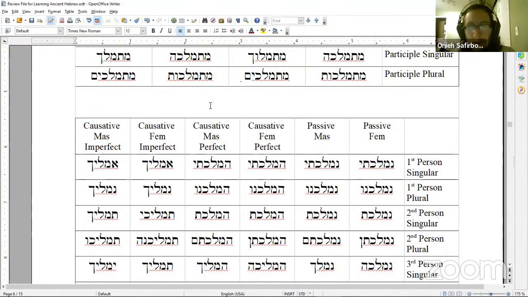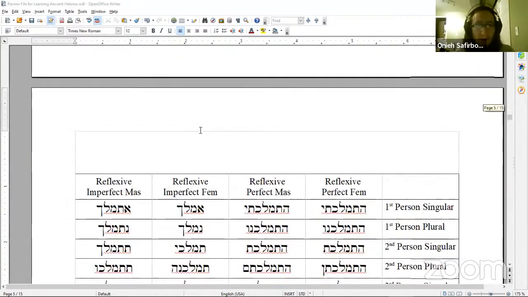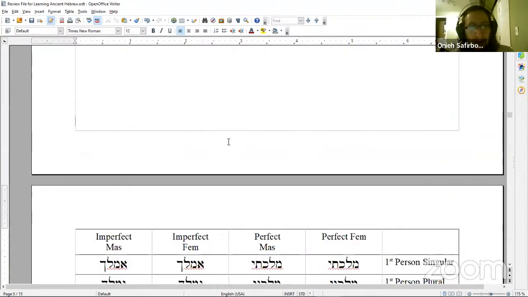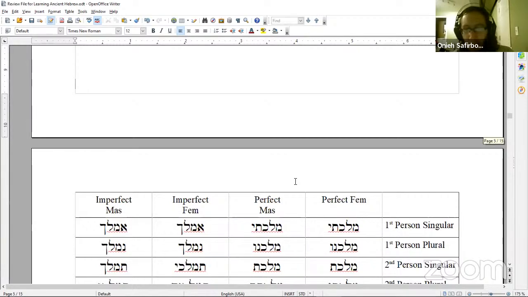All right, let me try to do this again. Hold on. Okay. Again, I'm totally at a loss of how I messed it up this badly, by missing the chart for the regular forms.